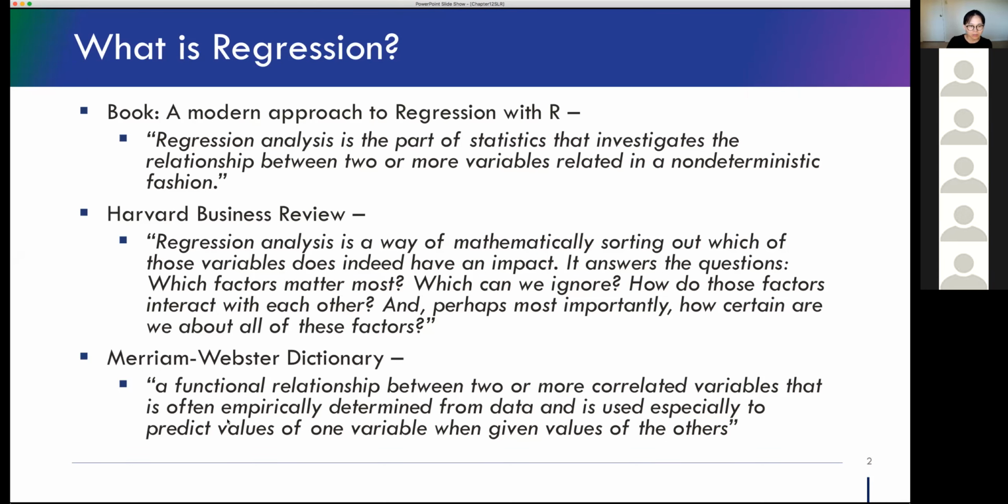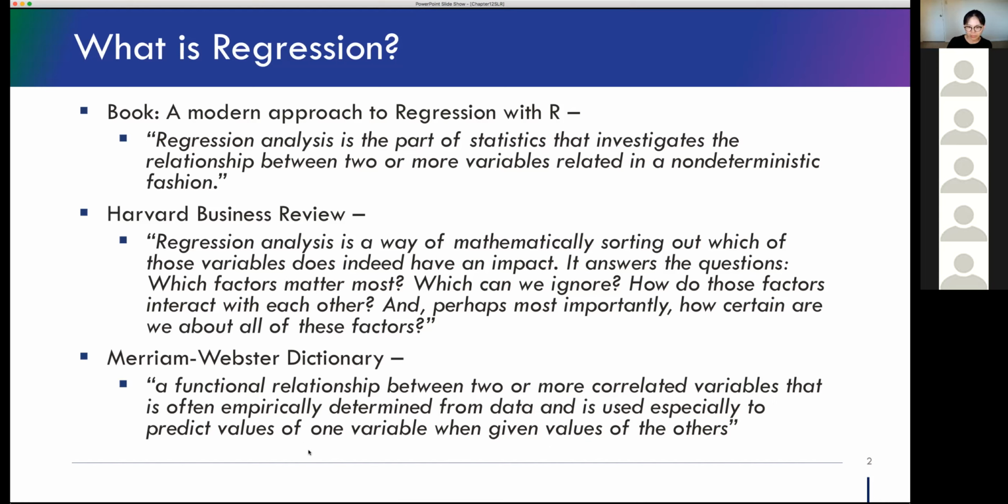Well, there is another definition saying that regression is a functional relationship between two or more correlated variables that is often empirically determined from data. So we have data and we will build up the relationship between those variables. It's used especially to predict values of one variable when given values of the others.